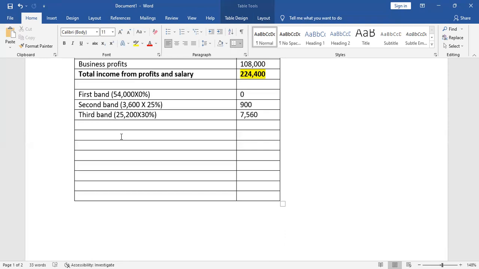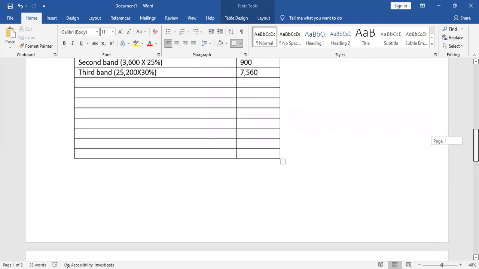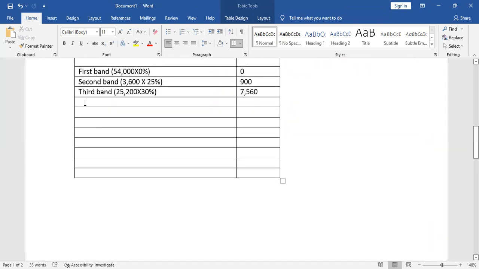So far we've taxed an amount. After removing from 224,400, there still remain 141,600, which hasn't been taxed. Now the 141,600, which hasn't been taxed, falls in the category of the 37.5% here, the fourth band.